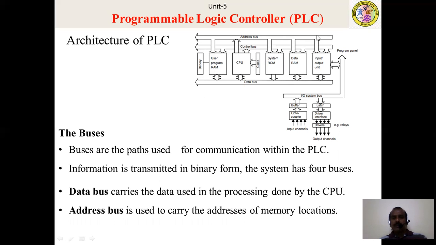This system has 4 buses. A data bus: the data bus carries the data used in the processing done by the central processing unit. An address bus: it is used to carry the address of memory locations.